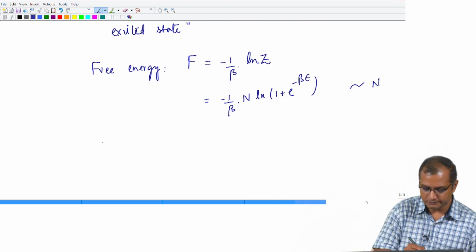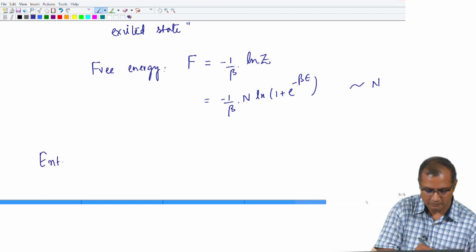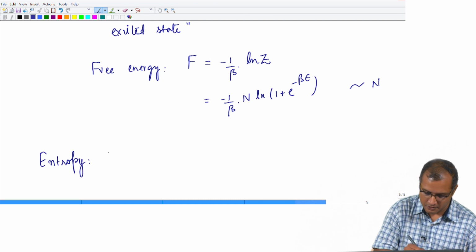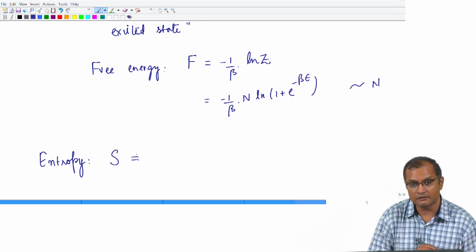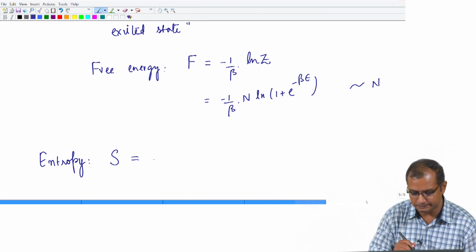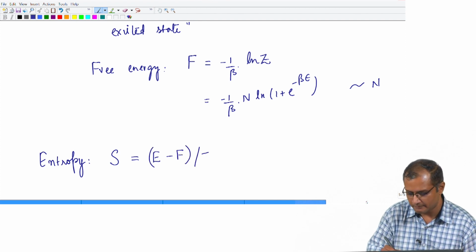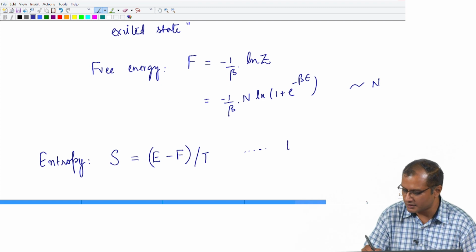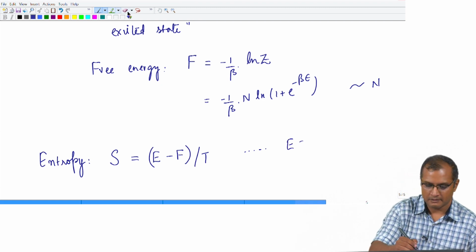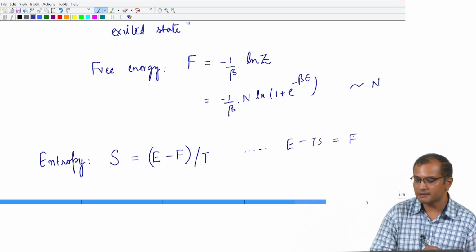I can also write down entropy, which from thermodynamics I can write as E minus F over T, since you can write F as E minus TS, your Helmholtz free energy.